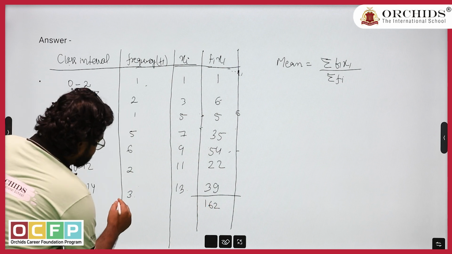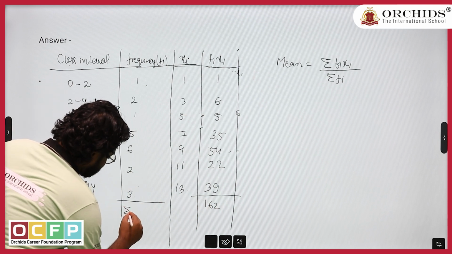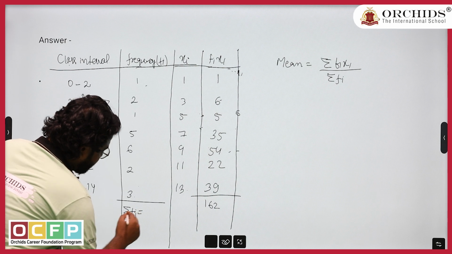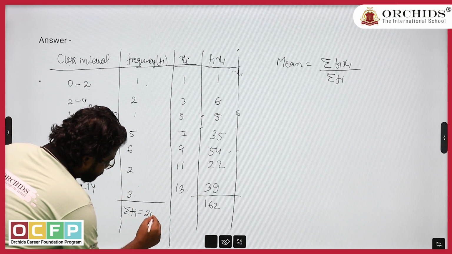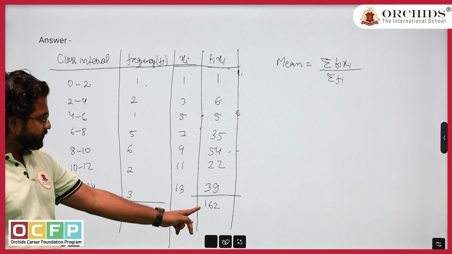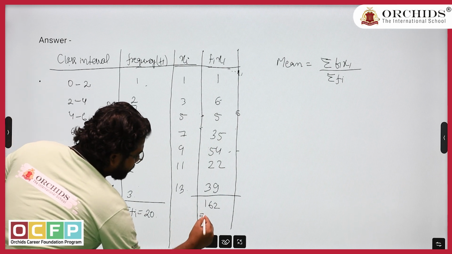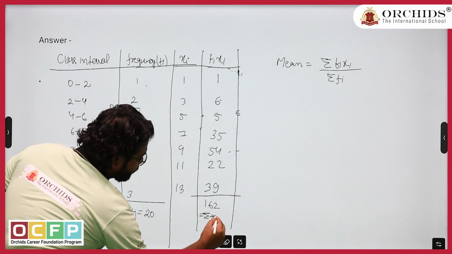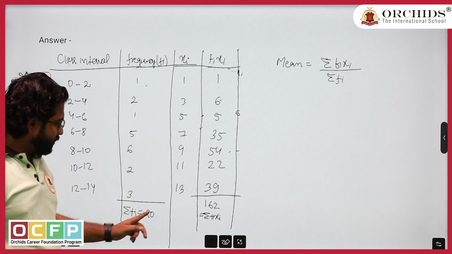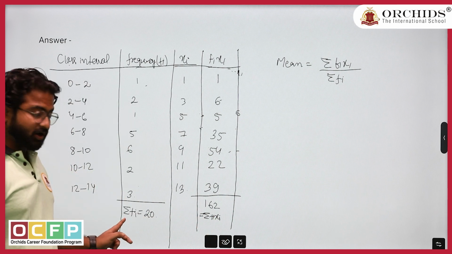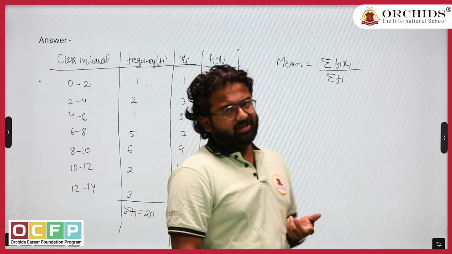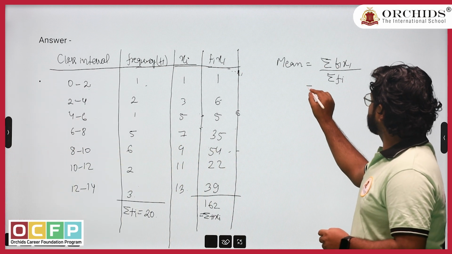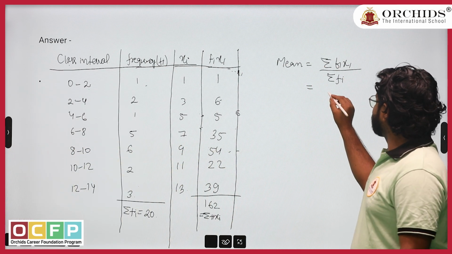And what is your sigma fi? This is nothing but the sigma fi value. When I add this, I am getting 20. So this value is sigma fi xi. Now I have sigma fi xi and sigma fi. Put them in the formula and we get the answer. Sigma fi xi is 162.